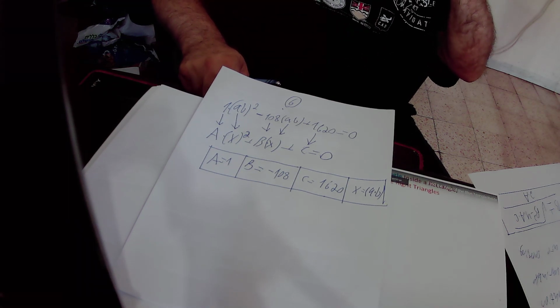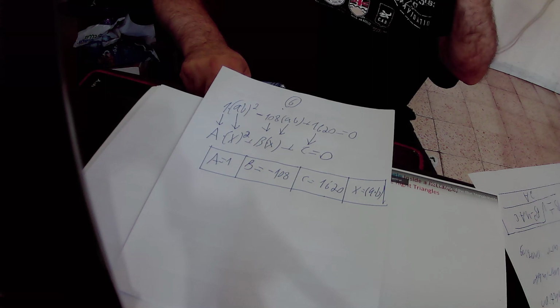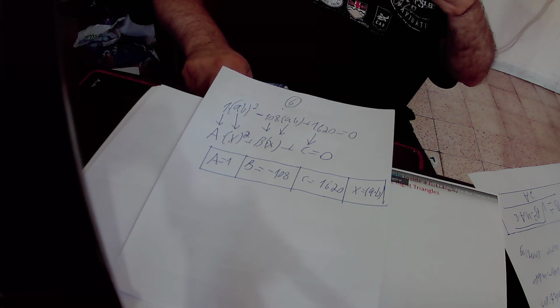So actually we will find the value of the variable that is a times b, and that is the area of the rectangle, and then we will subtract from the area of the rectangle the sum of the areas of the three right triangles, and in this way we will get the area of the blue triangle.